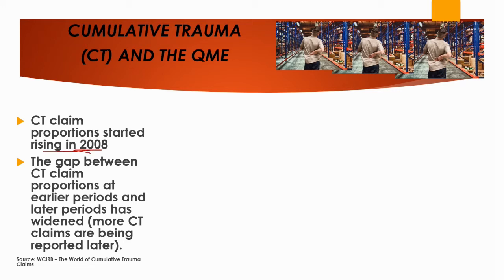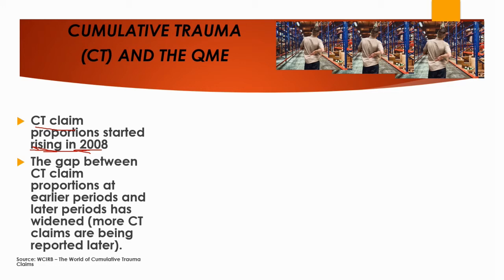Now remember, it takes many, many years for all of these claims to come in, so the statistics relating to these claims sometimes aren't fully known for many, many years. So the last reporting year for which we have fairly reliable statistics brings us up into around 2016, 2017. But in retrospect and looking back at CT claim proportions, we see that the graph started to rise around 2008.